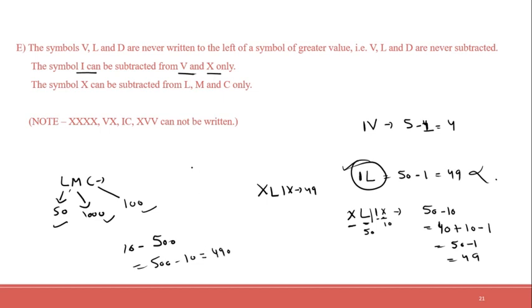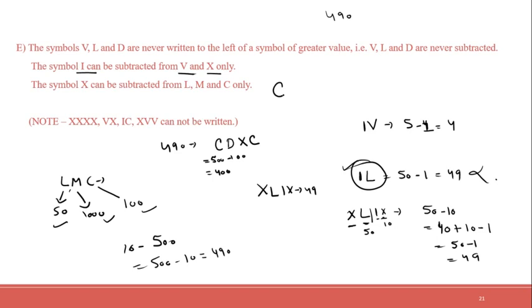That means 490. Why? Because if I want to write 490, how will I write it? We will write a D here. Then we want to subtract 100 from it, so it becomes 500 minus 100, that is 400. Now I want to add 90. How will I write 90? I'll subtract 10 from 100.